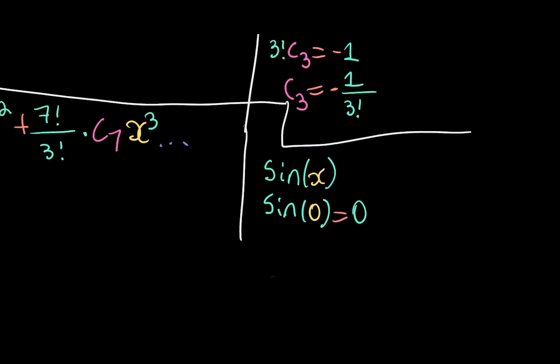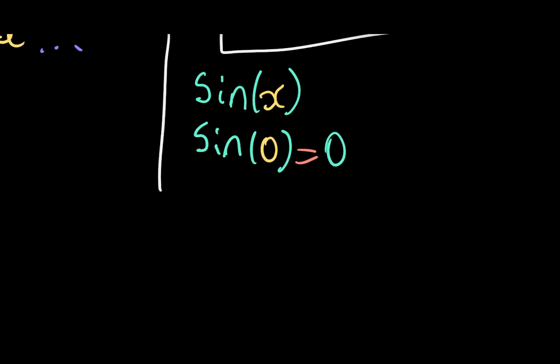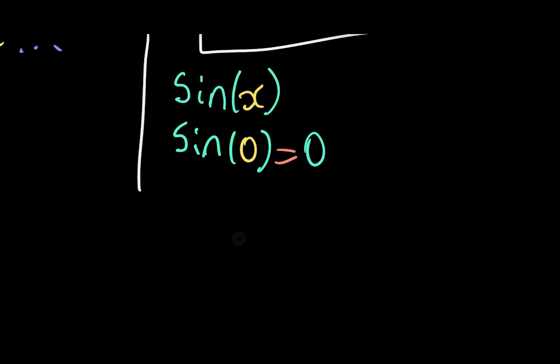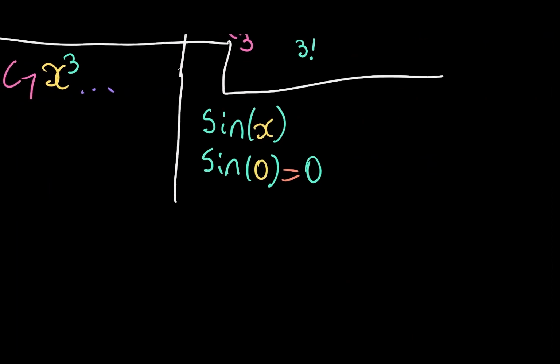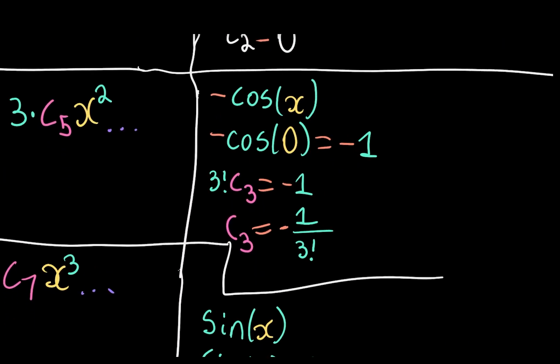And we want this to be equal to 0, so let's use, again, basic algebra. 4 factorial times c4 must be equal to 0. Isolate for c4. c4 is equal to 0. And did we do that up here? No, we did not. Let's just write that.